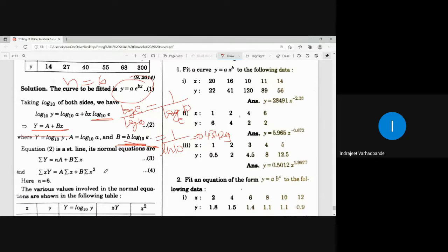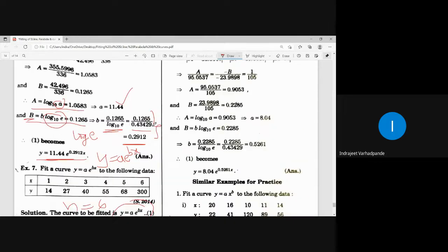If you do this step, what will b be? 0.43429 into small b. So from capital B, small b can be easily calculated. And that is what came here, see, capital B upon 0.43429.